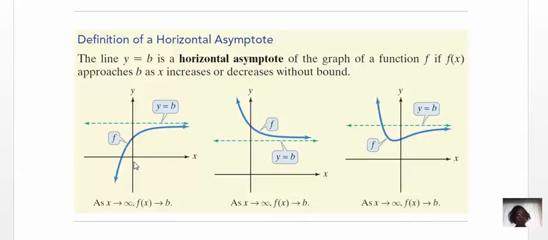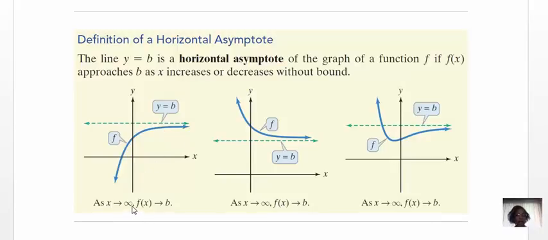So for x to increase without bound means x goes to infinity. So x gets larger and larger. This is an indefinite movement to the right. Remember, that's what x going to infinity means. I'm moving indefinitely to the right.